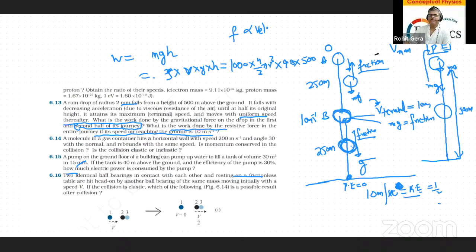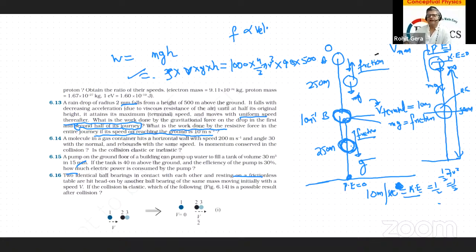Here there is no kinetic energy at all. So this is a state where KE is equal to 0, but here the KE exists now. So the KE at this point is half mv square. Half m is known to us, this is the mass, velocity is 10 meters per second. So we know the kinetic energy here.